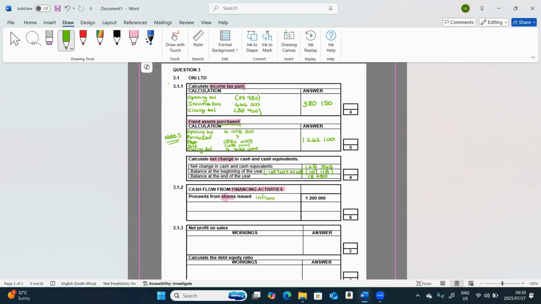And then a share repurchase will be an outflow. So you can write over here that our share repurchase will be an outflow, right? That will be in brackets. So you can immediately go and write over here, because it is a share repurchase, we know that the amount that we had paid to repurchase these shares will have to be in brackets.